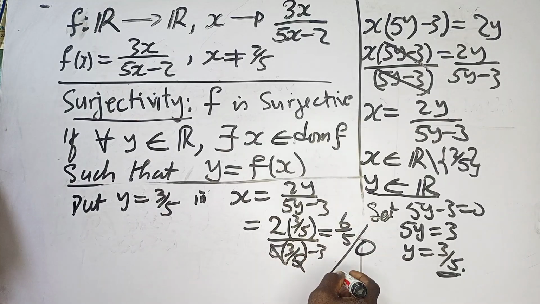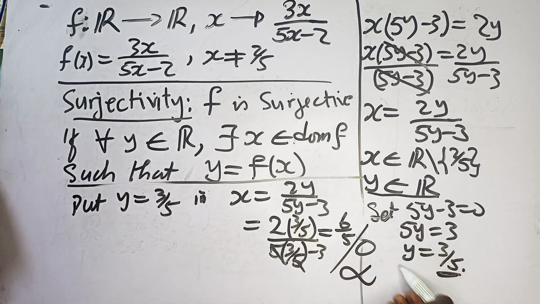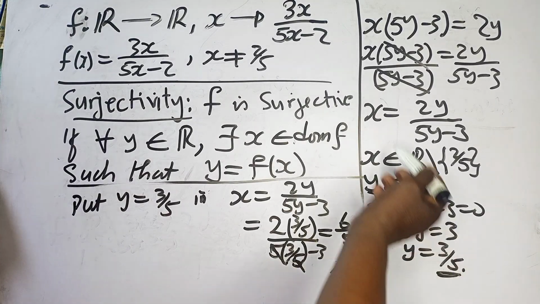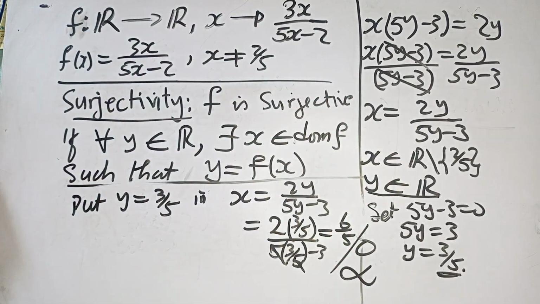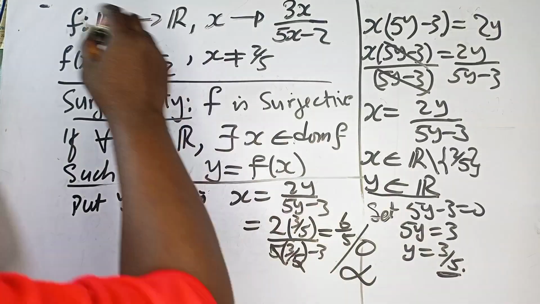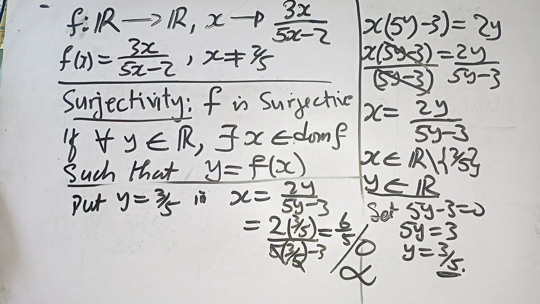Any number divided by 0 is undefined. So what are we concluding? There is actually a certain value in the codomain that has not been mapped into by f.